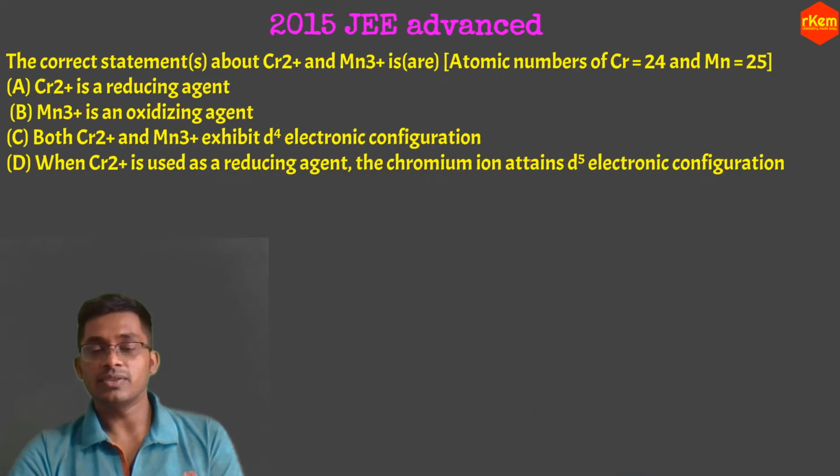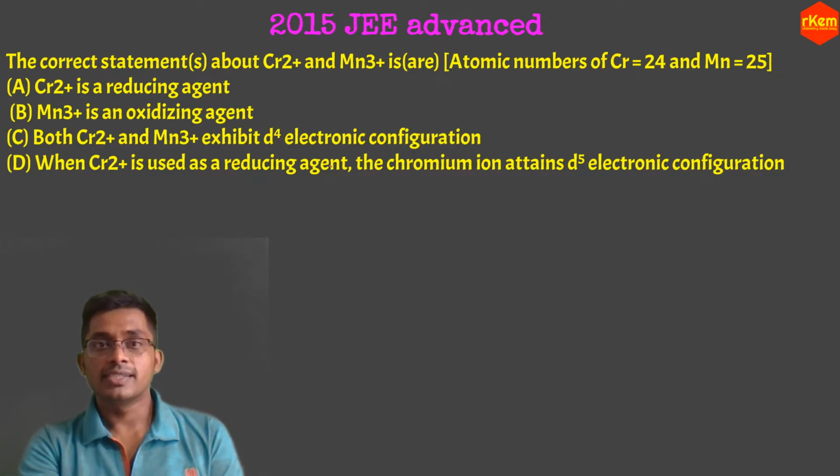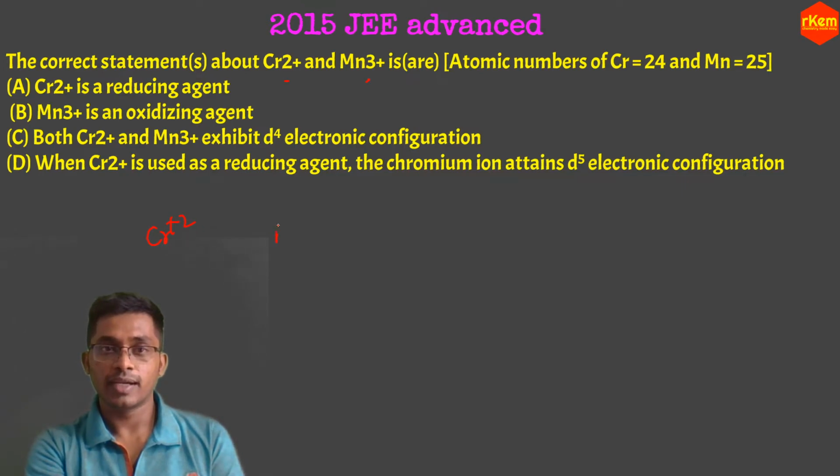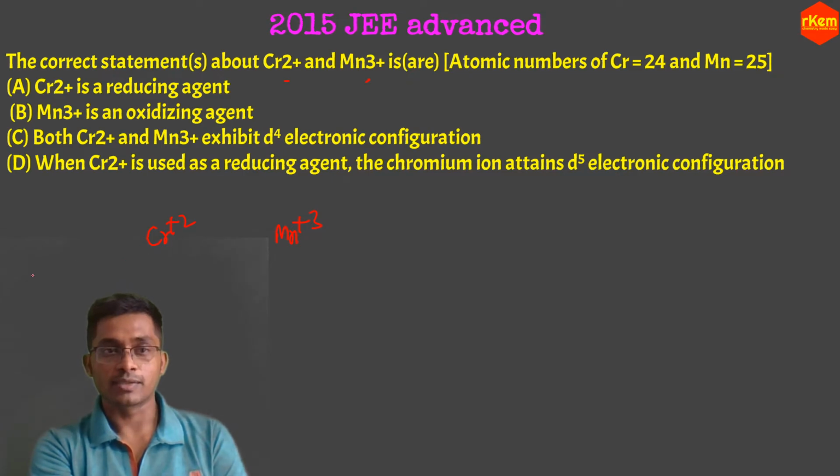Next, 2015, there is a d block elements question. Cr plus 2 and Mn plus 3, both are d4. There's no doubt, because chromium is d5 s1, so Cr plus 2 is d4; Mn is d5 s2, so Mn plus 3 is again d4.